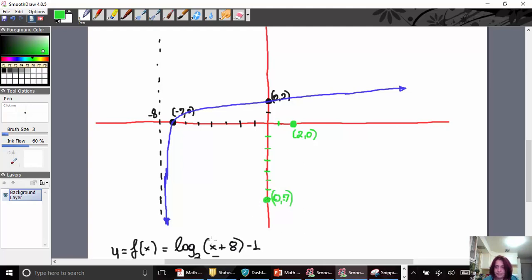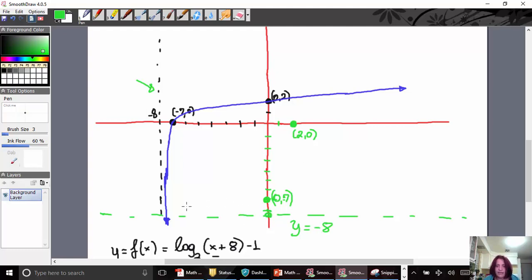Now, since this is the vertical asymptote for my logarithmic function, then this means that the horizontal asymptote for my exponential function, the inverse of the logarithm, is also going to be y equals negative 8.